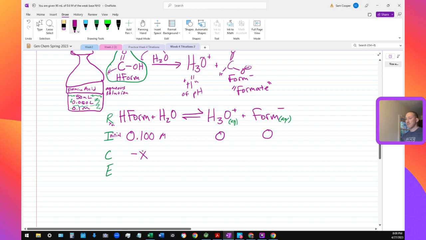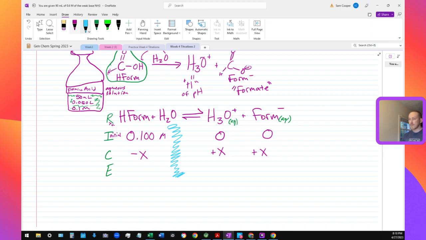Some portion of the concentration disappears, but whatever it is, it disappears from the H form, and that exact amount is gained by the total concentration of hydronium, and that exact amount is gained by the total concentration of formate, because that's what happens when H form falls apart. It becomes H3O plus and form minus. And this whole time, there's just so much water in here that we do not factor it in.